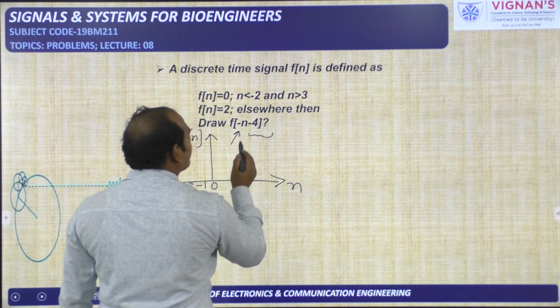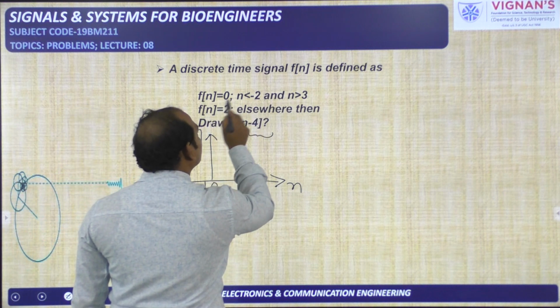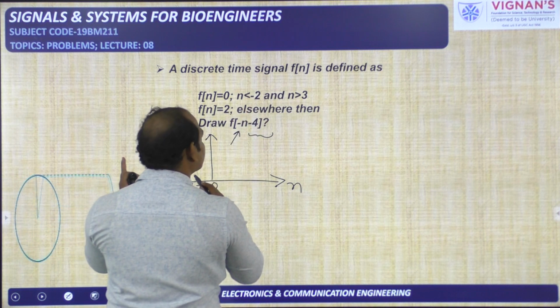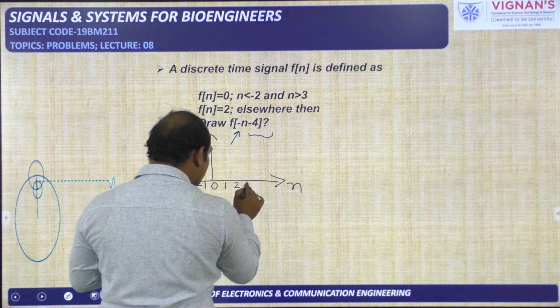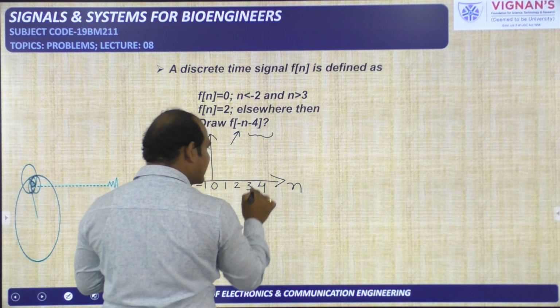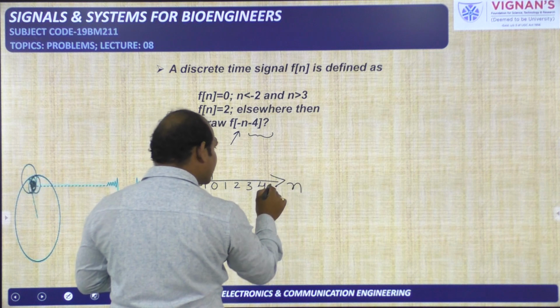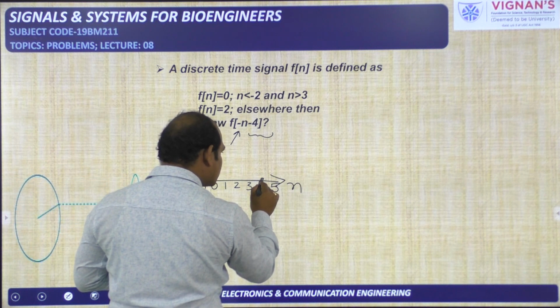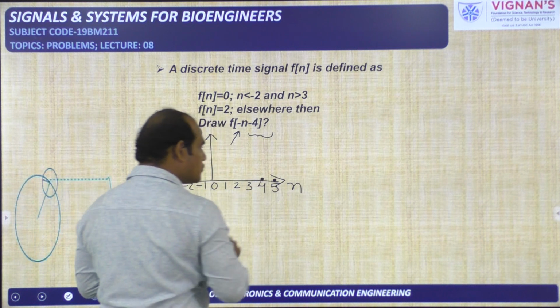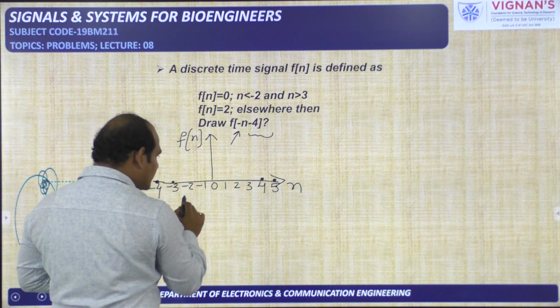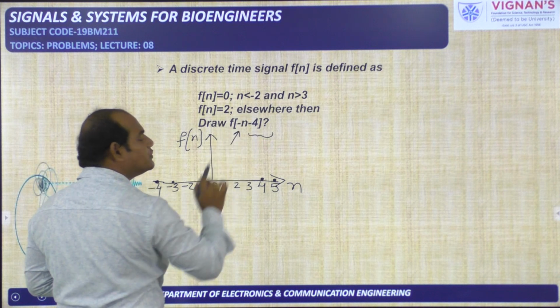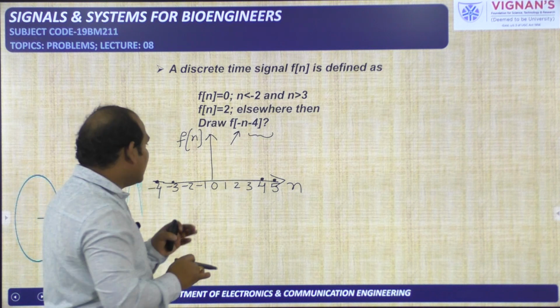Next, it is 0 when n is less than minus 2 we have represented, and it is 0 when n is greater than 3. So 1, 2, 3, from 4 onwards, when n is equal to 4 onwards, you will get the amplitude is zeros. But in between minus 2 to 3, elsewhere means in between minus 2 to 3, amplitude is 2, that is fixed.